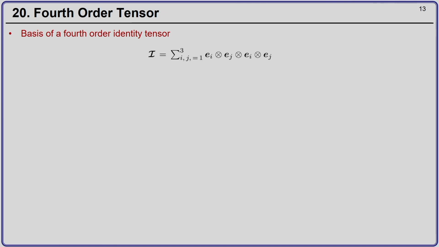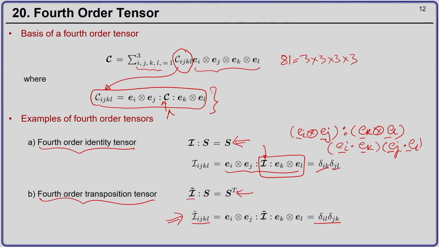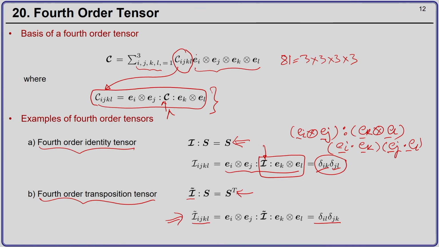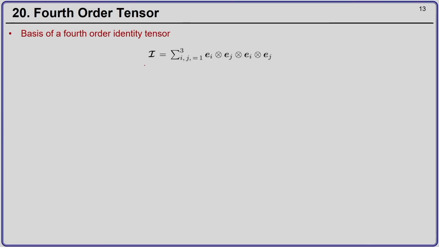Okay. So, once you have these components, if we go to our previous slides, this is the component ijkl, delta_ik delta_jl. Now, if you substitute in this expression, then the fourth order identity tensor can be written as the summation over i, j from 1 to 3 of E_i tensor product E_j tensor product E_i tensor product E_j.